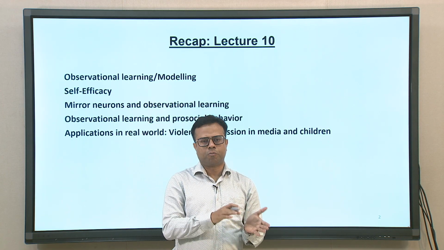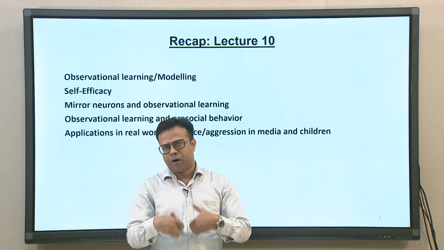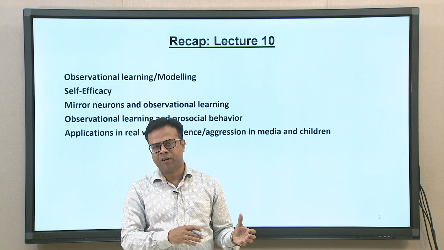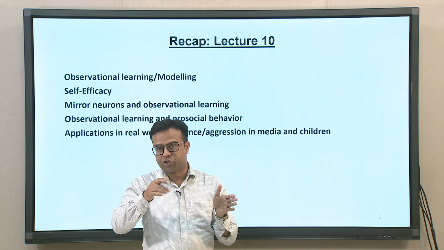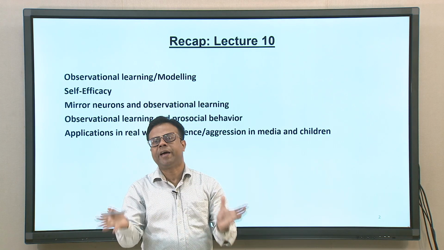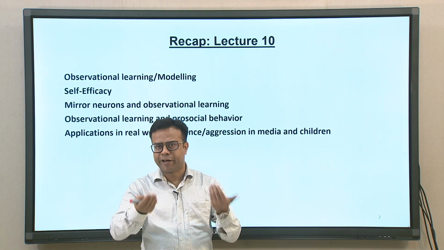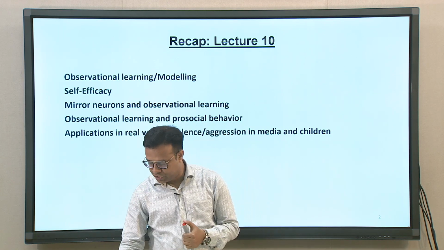We also discussed how observational learning relates to prosocial behavior and antisocial behavior, and how it can be applied in real contexts to explain behavior, such as how aggression in the media can influence children. These are some of the things we discussed in the last lecture.